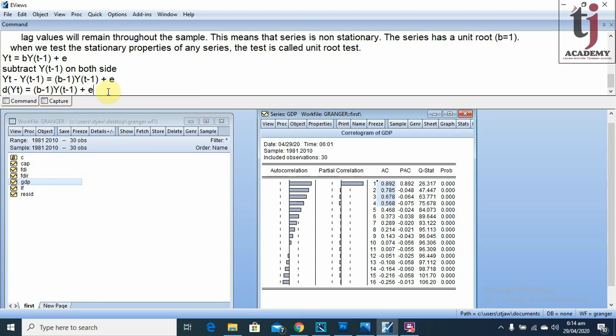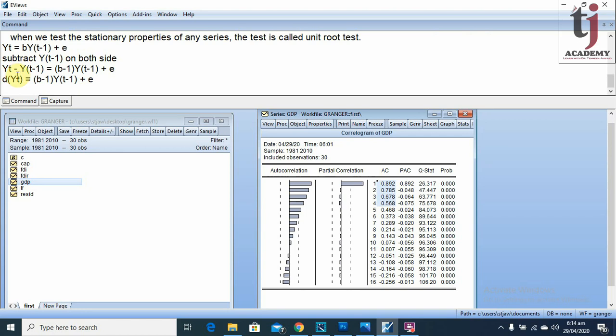So here, for more simplification, we can write this equation by putting C, where C is equal to B minus 1.